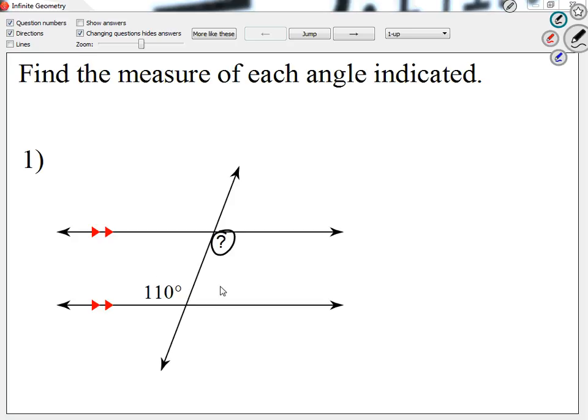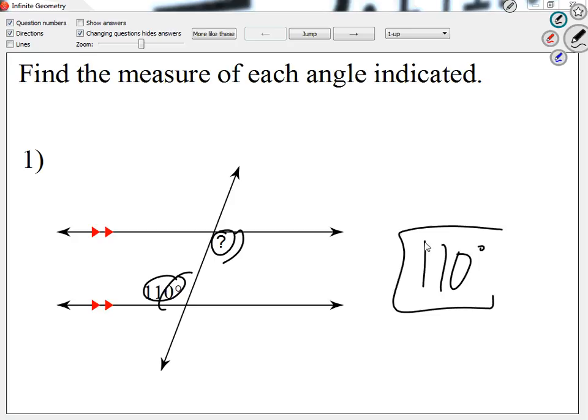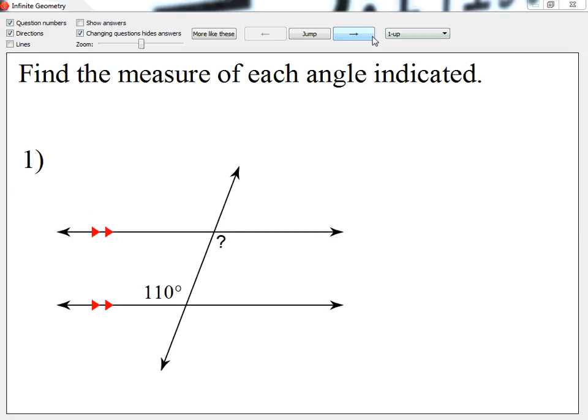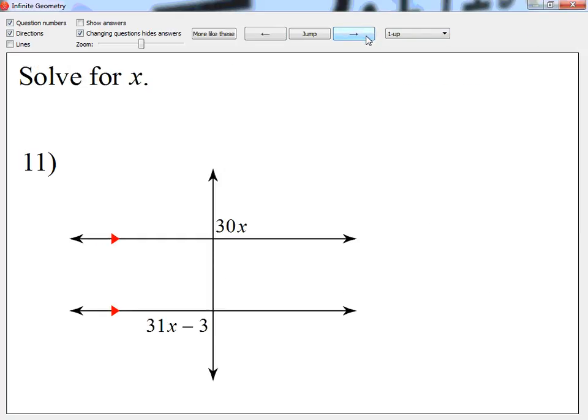I noticed that that angle and 110, both angles are alternate interior. So because they are congruent, I know they're the same. So how big is that angle? 110. The first 10 are not that hard, really simple. So let me not do the first 10. I'll let you guys do those. Let me skip to number 11.